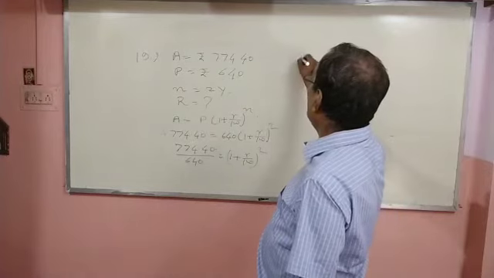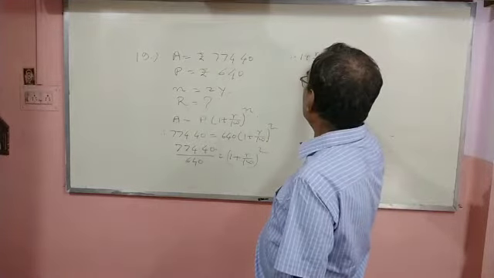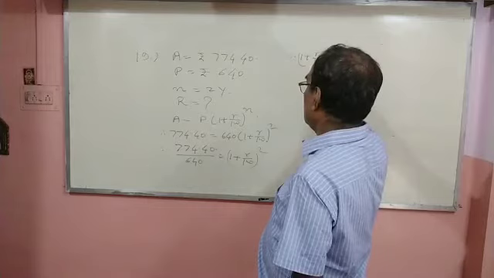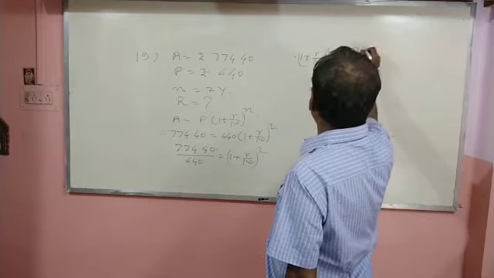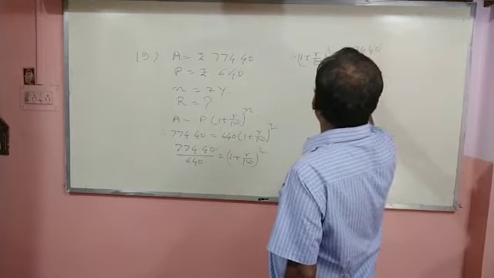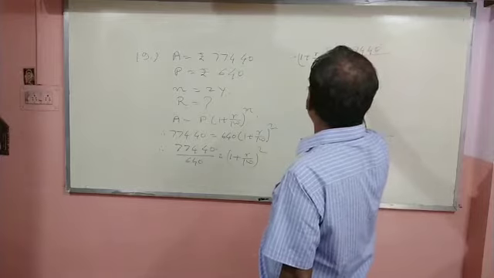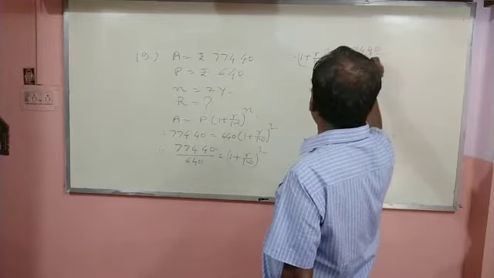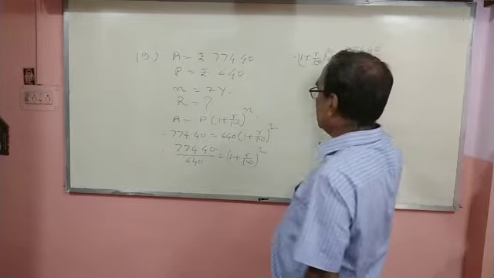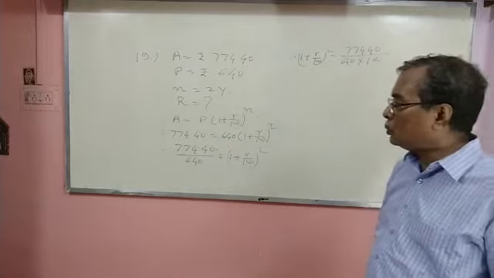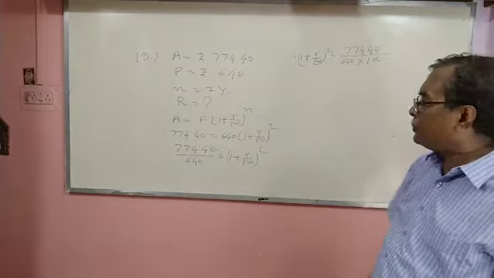So 1 plus R by 100 whole raised to 2 is equal to 77440. I am removing the decimal point now, so it is 640 into 100, because after the decimal there are 2 digits.